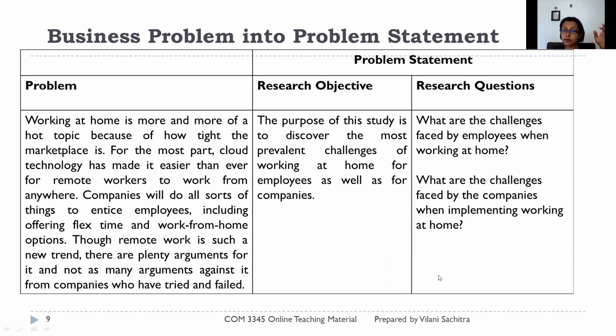Then you can ask questions like, what are the technological connectivity challenges? What are the technological devices challenges, or what are the technological knowledge challenges? So then we make the questions based on that objective. Okay, so I believe that you understand what I'm trying to say.